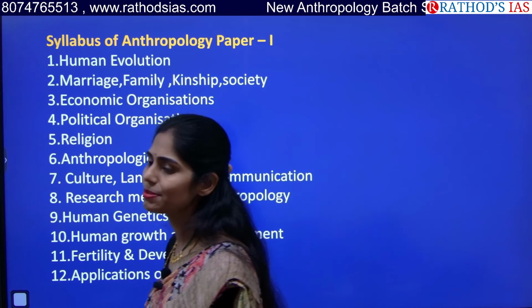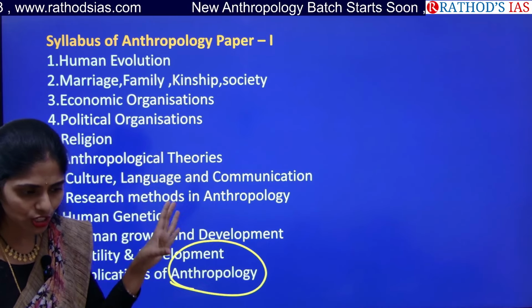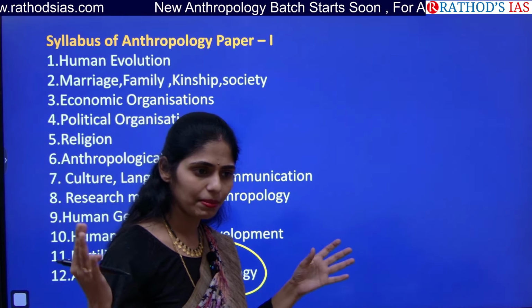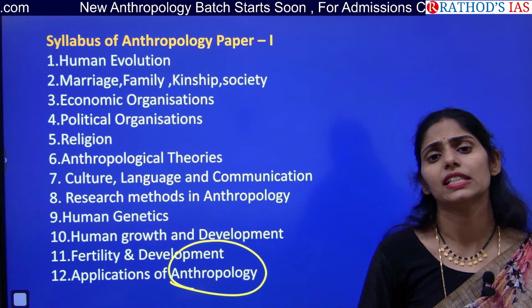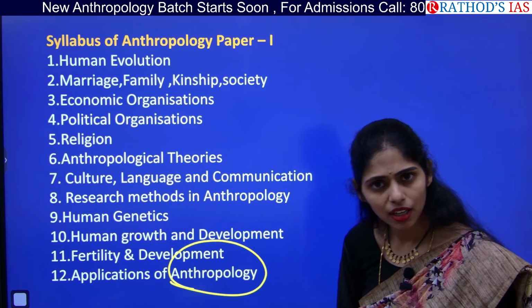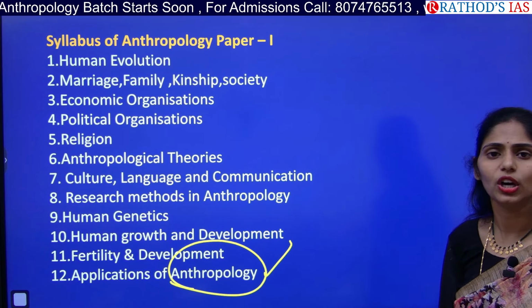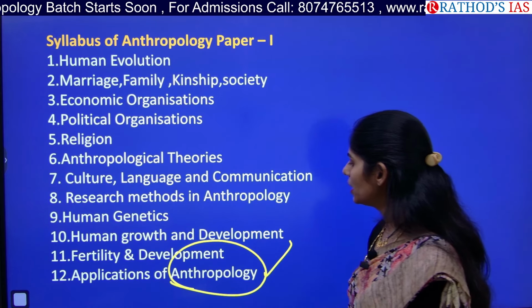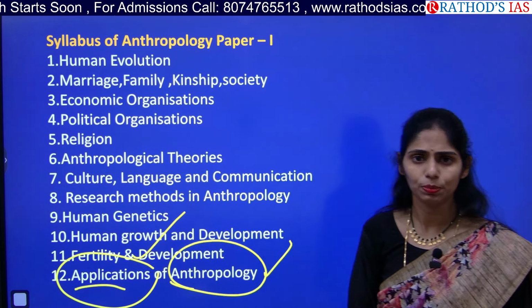Especially there will be some specification: if you want to enter the army, you need to have that height. Based on that average height, they will be making this weapon, so that army people can easily carry those man portable missiles. So like that, in different areas, you can use the knowledge of anthropology. Especially you have to know examples of exactly where we are using the knowledge of anthropology.